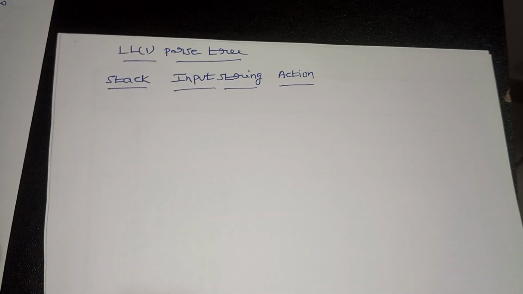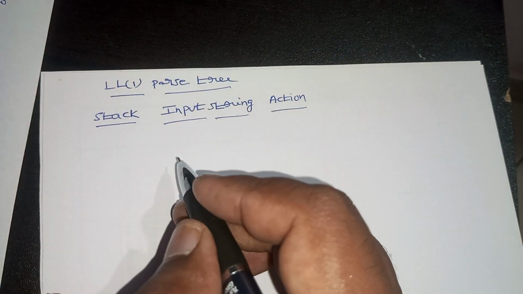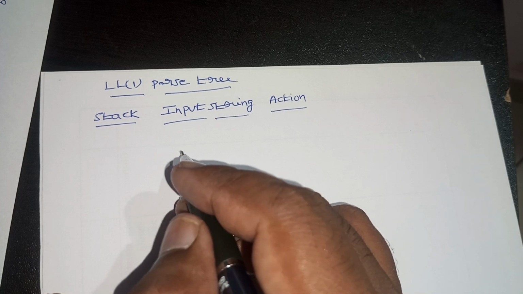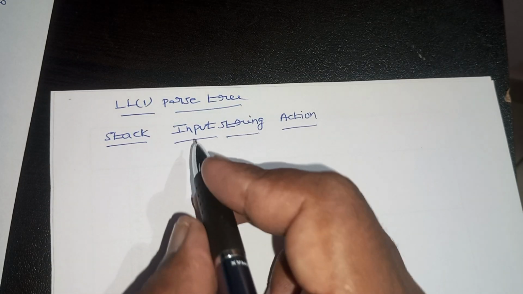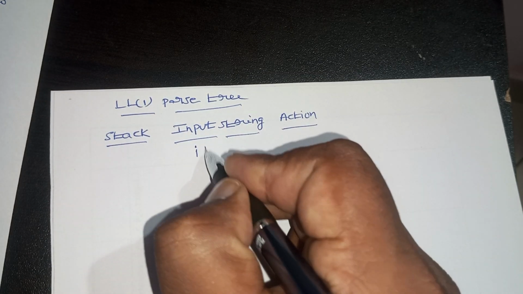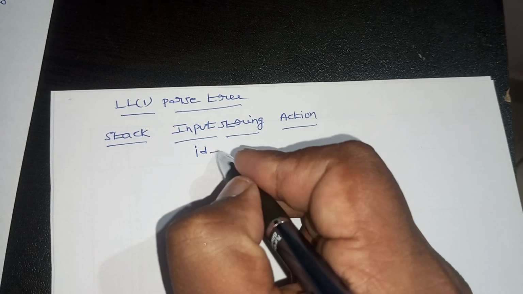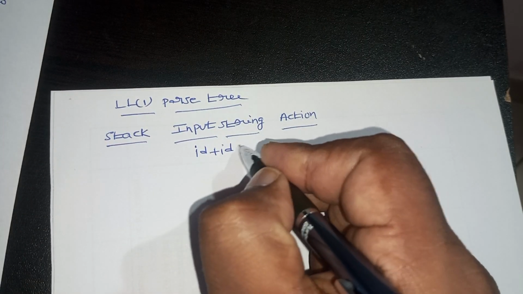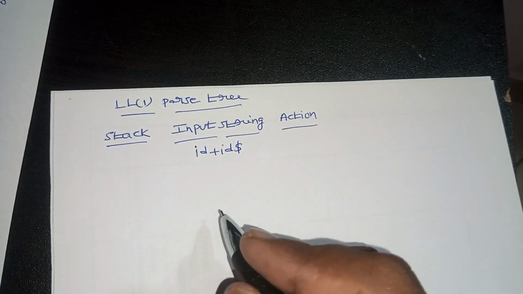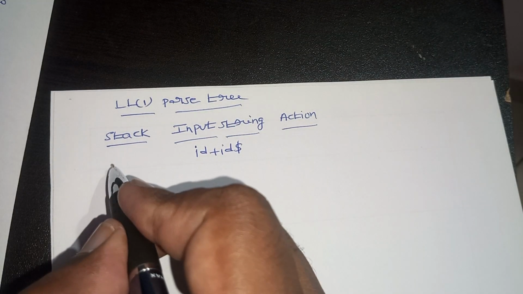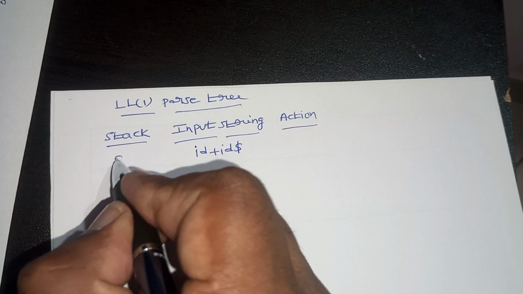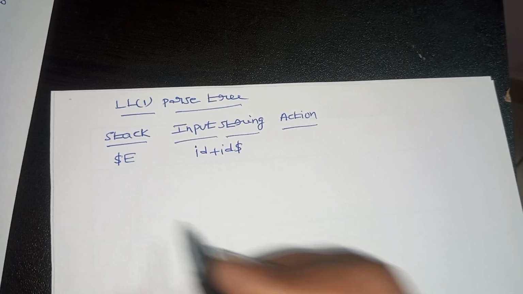I am taking the example id plus id dollar. You take in the stack dollar and then the start symbol.